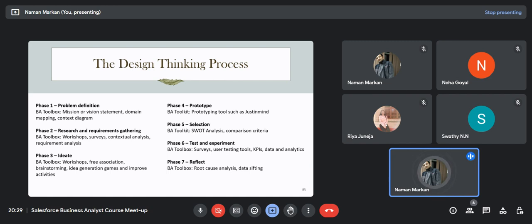This is how a person can generate an idea. Once the idea has been finalized, then you move forward to the prototype, which means you transform that particular idea into a fully furnished product or process, right?